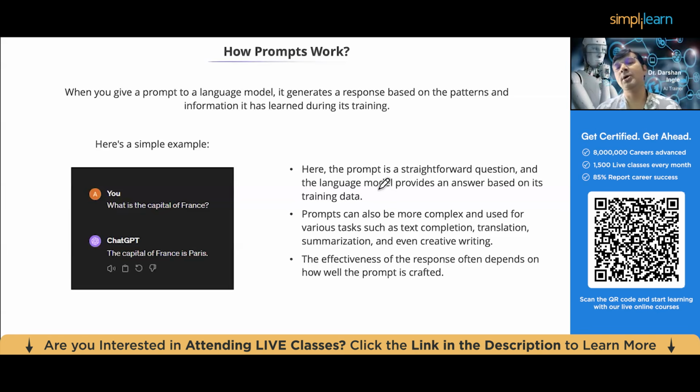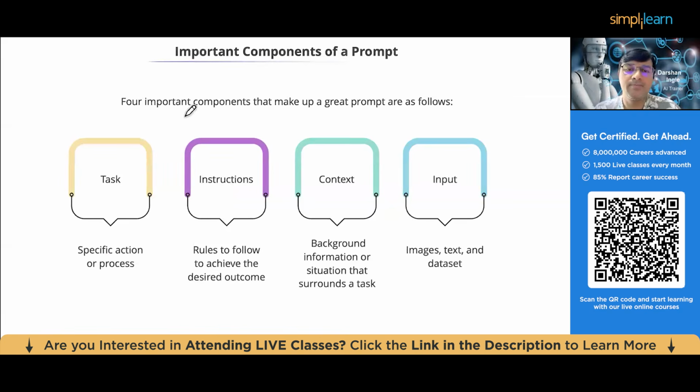Now that we have understood what a prompt is, let us talk about what makes a prompt great. We understood that a vague prompt gives a vague result. All right. So there are 4 important components of a prompt.